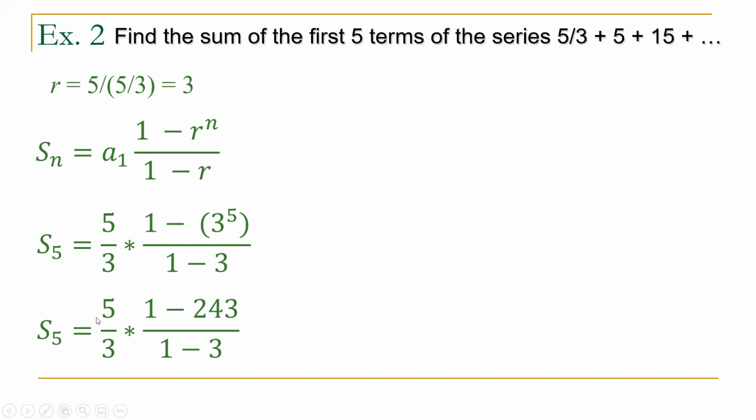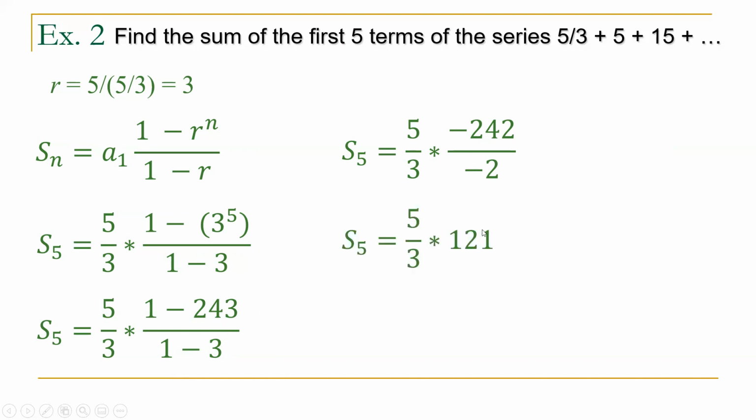So, magiging form niya na is 5 over 3 times the quantity of 1 minus 243 all over 1 minus 3. Subtract lang natin yung nasa numerator and denominator. So, we have negative 242 and 1 minus 3 is equal to negative 2. And then, bago natin i-multiply sa 5 over 3, i-divide muna natin itong negative 242 and negative 2. And yung maging sagot niya is positive 121.